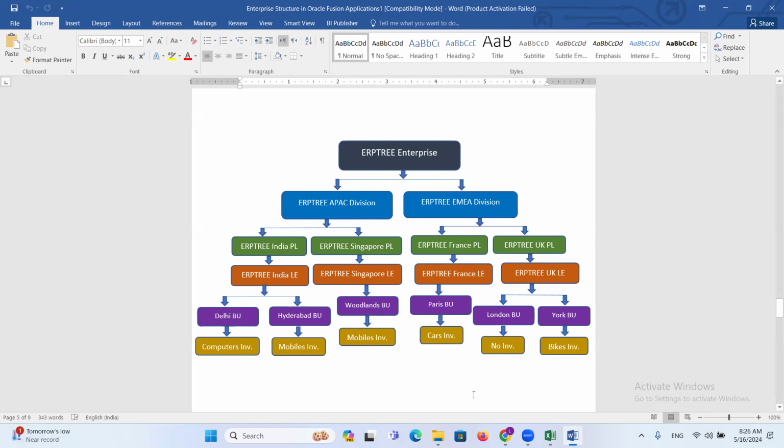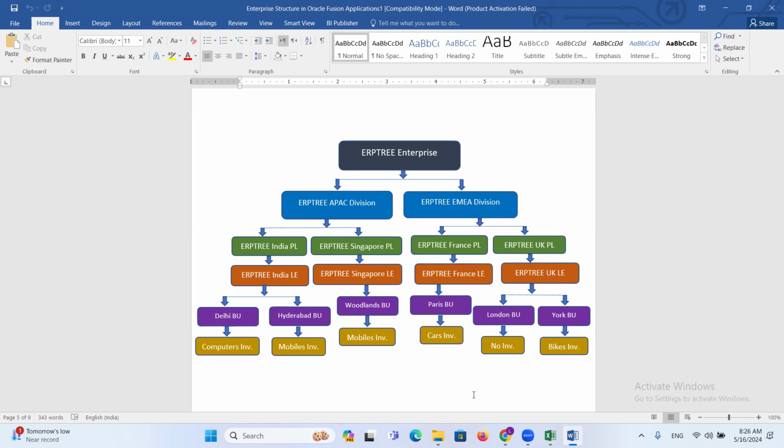So this is just to understand how the pictorial representation could look based on the operations they are doing. The simple case is four countries where they do business; in India they have two branches, or two offices or operational units, and in the UK also two.